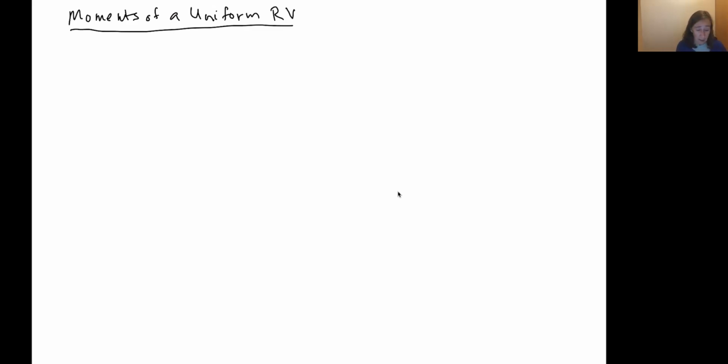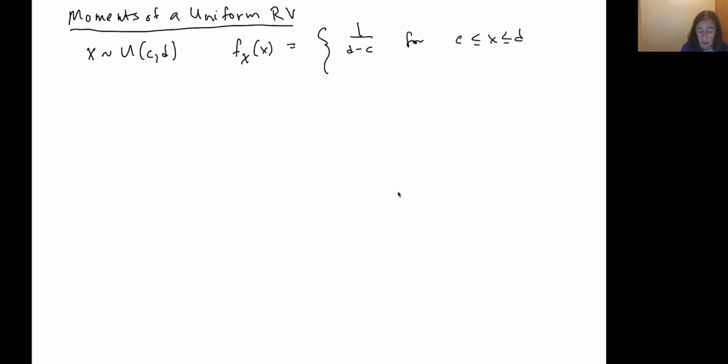Okay, so the random variable I'm thinking about here is just a generic X distributed uniformly on the interval C and D. So I'm not even saying what the endpoints have to be. We'll remember from a couple lessons back that the PDF associated with this is 1 over d minus c for x between c and d, and it's 0 otherwise.